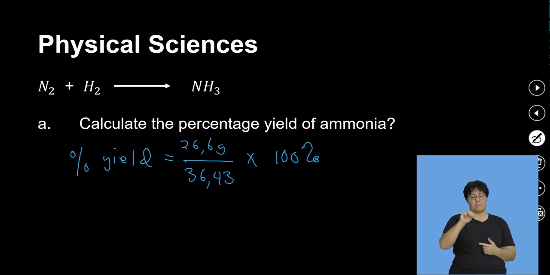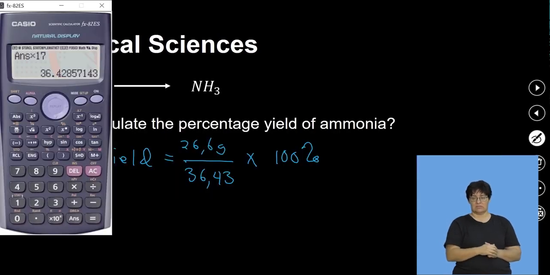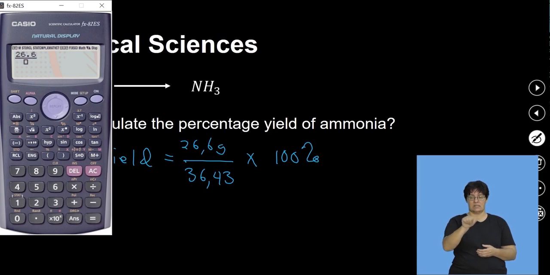So if we can quickly verify that from the calculator. We have the calculation in terms of 26,6 divided by the theoretical yield, what we expected, the one that we calculated from the stoichiometric ratio.